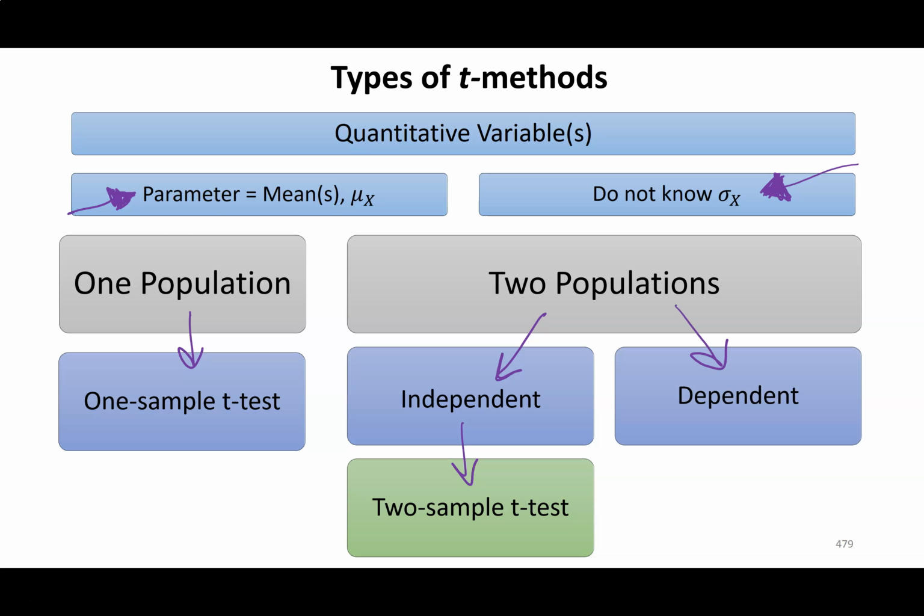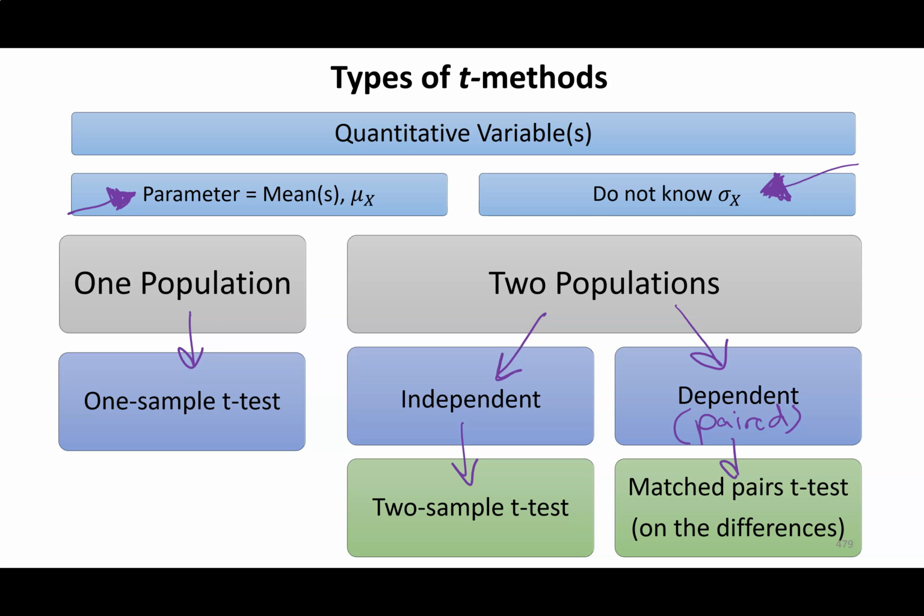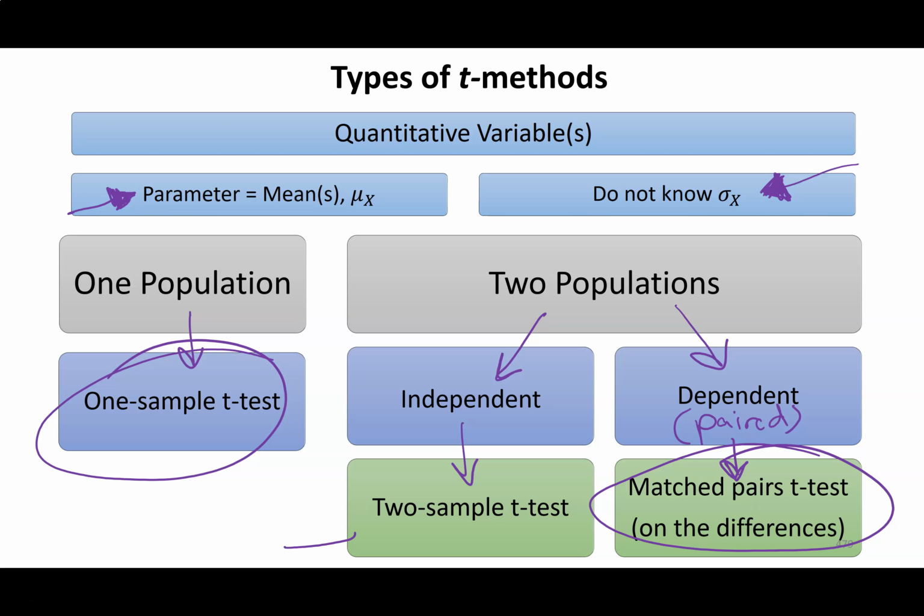Maybe you have dependent, or paired. If you determine that you have paired data, you're going to do a matched pairs t-test. So you're going to do a t-test just on the differences. So we looked at this one and we looked at this one. Know that this exists and it's a common test that's used, but we won't have time to cover it.